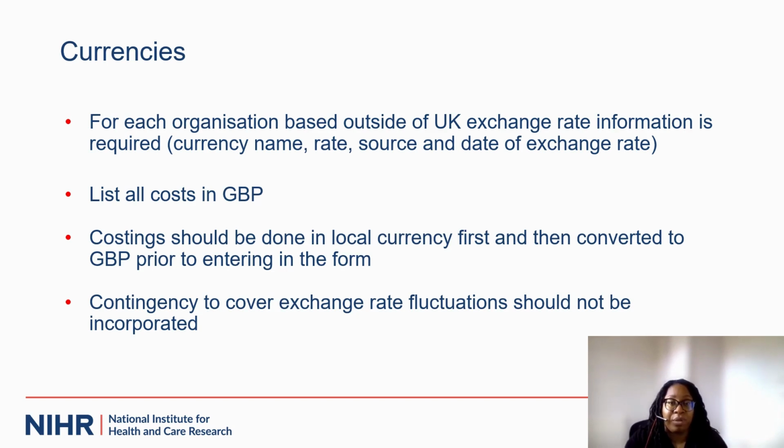So costing should be done in local currency first, and then converted to pound sterling before entering into the form. We ask that you don't put in a contingency to cover exchange rate fluctuations, as this is something that we can look at at the contracting stage, were you to be successful.